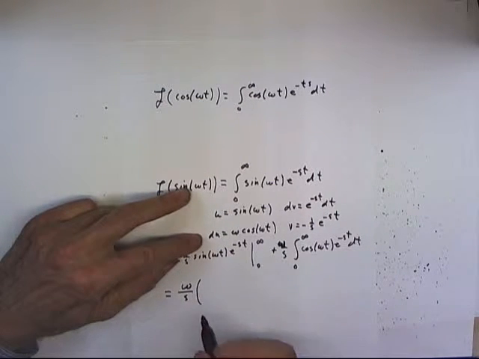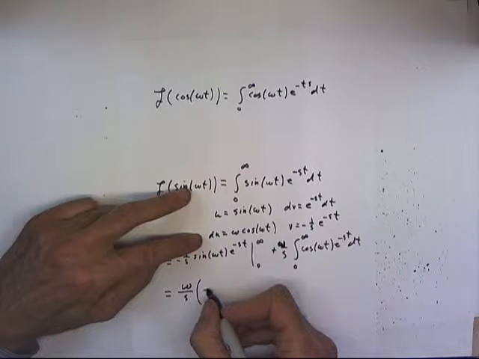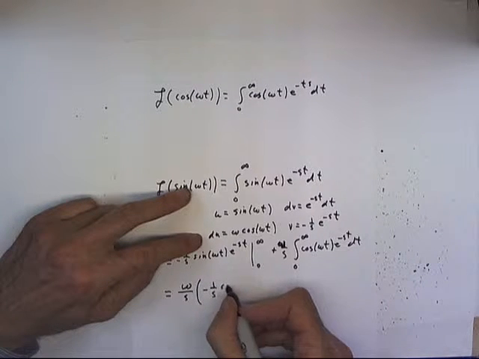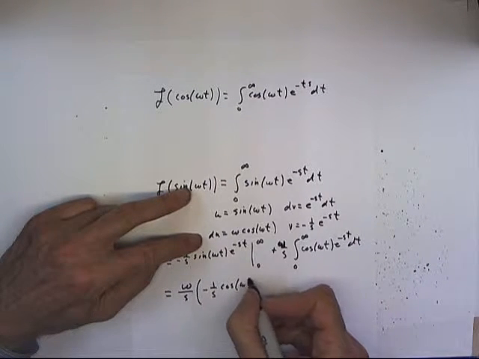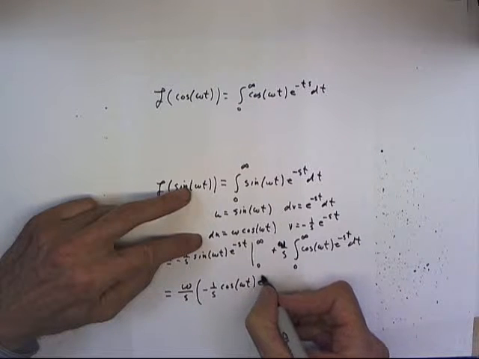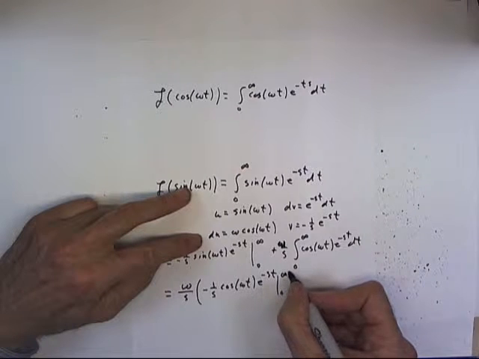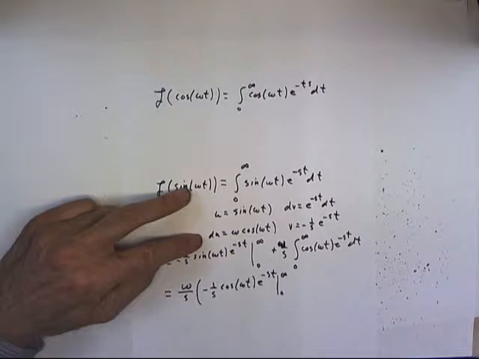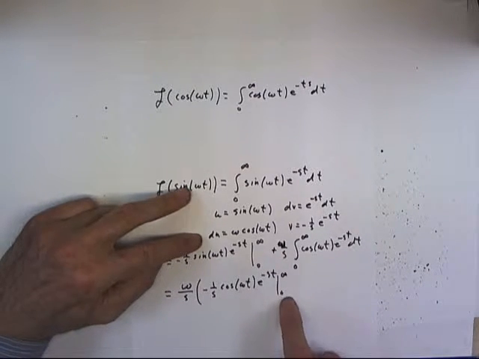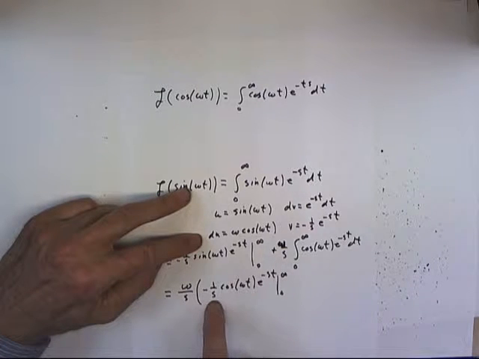And we're going to get then negative 1 over s cosine of omega t e to the negative st evaluated between 0 and infinity. And that isn't going to give us 0. When t equals 0, it's going to give us negative 1 over s, which is going to translate into an omega over s squared.